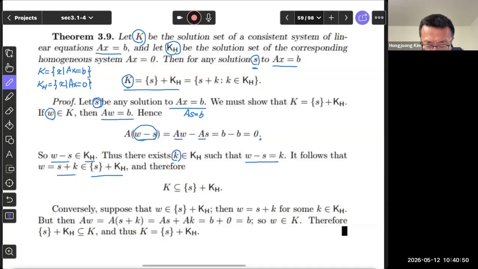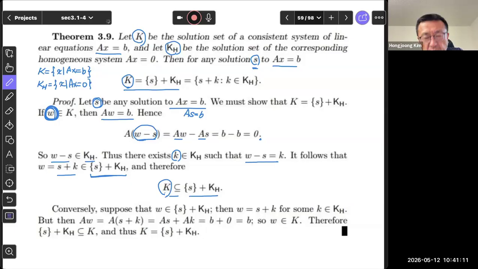Meaning, if I choose any vector from K, then that vector is contained in the right hand side. So K is a subset of the set on the right.